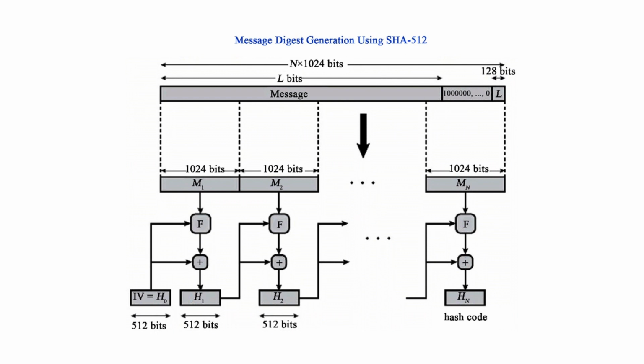At input to the first round, the buffer has the value of the intermediate hash value Hi-1. Each round t makes use of a 64-bit value Wt derived from the current 1024-bit block being processed, that is Mi. These values are derived using a message schedule described subsequently.